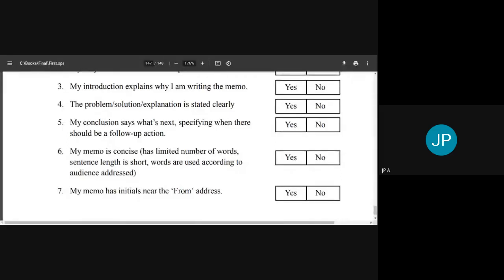The words we use should be easily understood by the readers. The person who is reading the memo should be able to easily understand what we have written. And don't forget to put the initials near the from field. If you do this, you will easily be able to score the 6 marks.